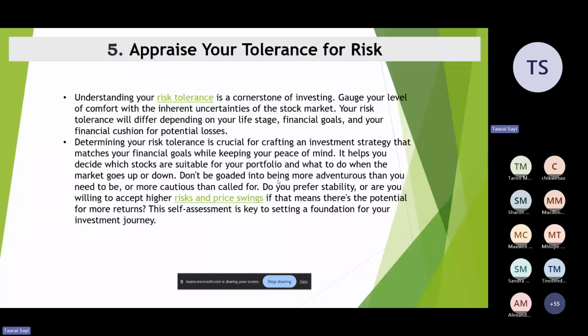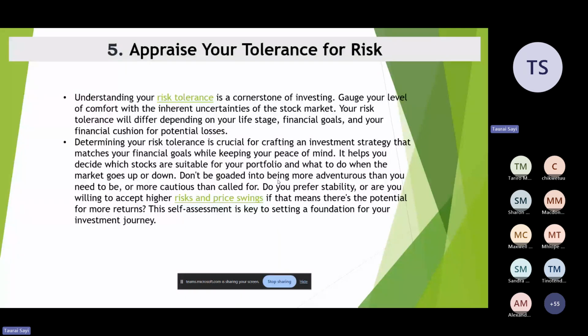Your risk tolerance will differ depending on your lifestyle, financial goals, and your financial cushion for potential losses. Determining your risk tolerance is crucial for crafting an investment strategy that matches your financial goals while keeping your peace of mind. It helps you to decide which stocks are suitable for your portfolio.